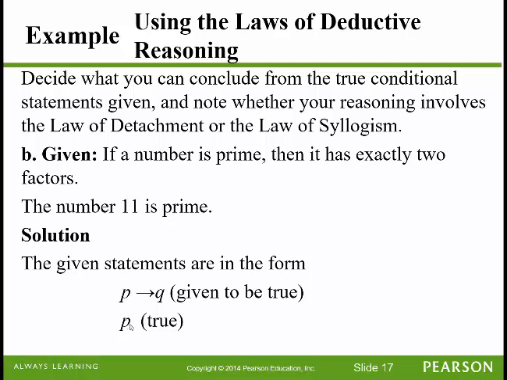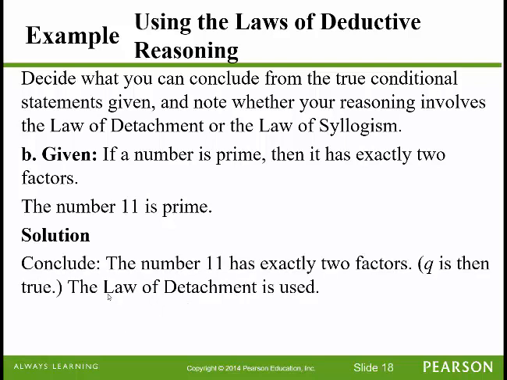There's no secondary statement like Q implies R. But the first part, P, the number 11 is prime, is true. What we can conclude is that the number 11 has exactly two factors, and that is that Q is true. That's the law of detachment: if P implies Q is true and P is true, then Q must also be true. All right, class, thanks.